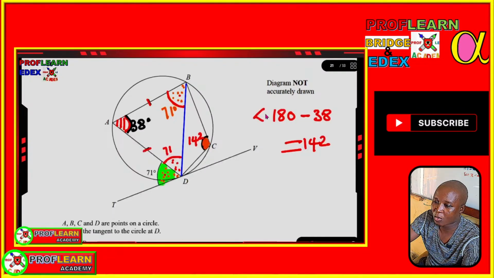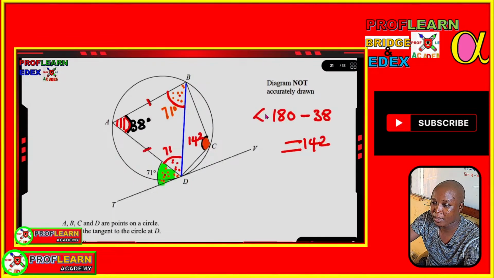Because this angle TDA is in alternate segment with angle ABD, which is 71, then we're going to say also angle ADB is going to be 71, because those are base angles of an isosceles triangle.